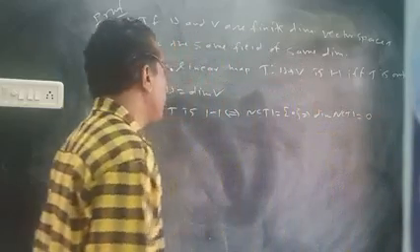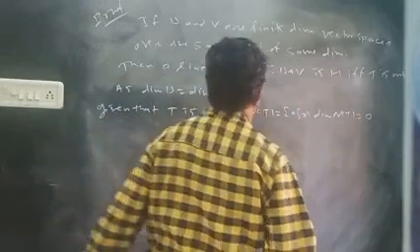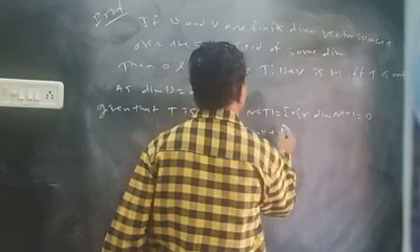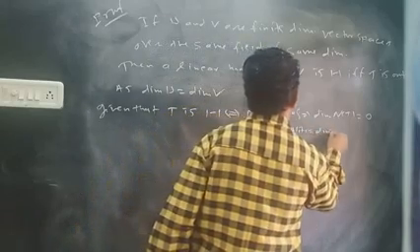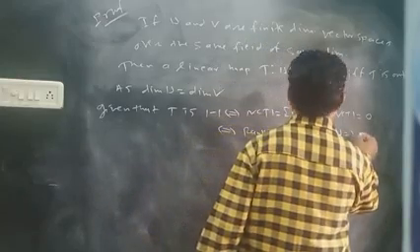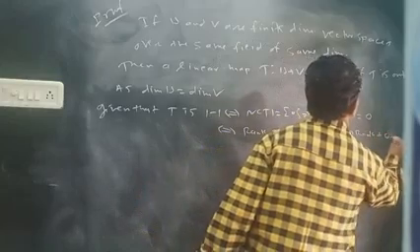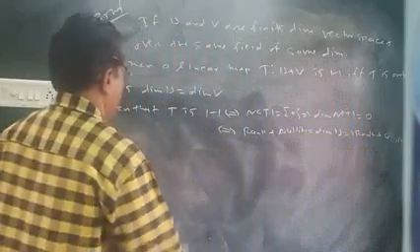Then by the rank nullity theorem, we have rank plus nullity equals the dimension of U. So this rank plus nullity 0 equals the dimension of U.